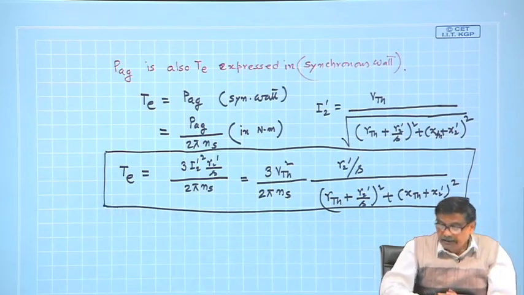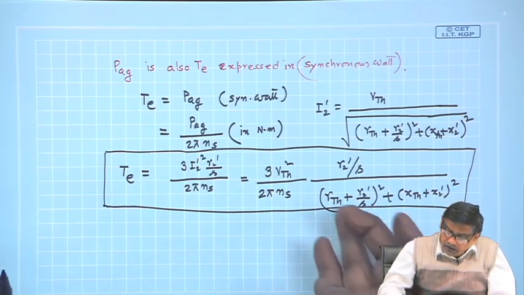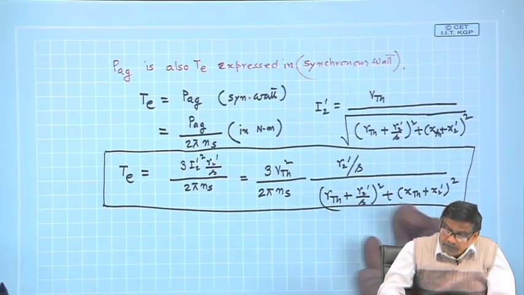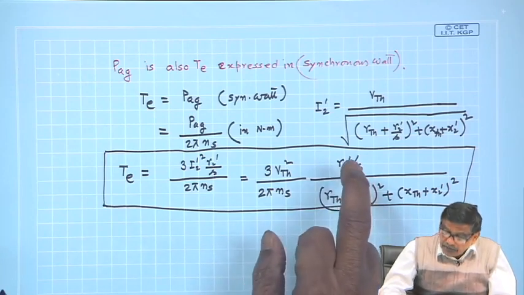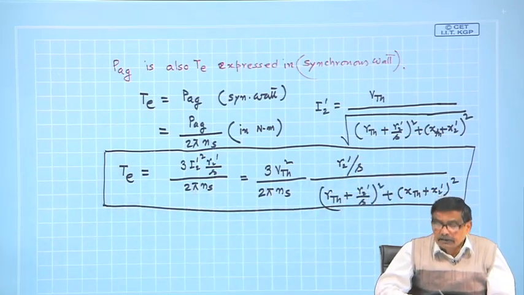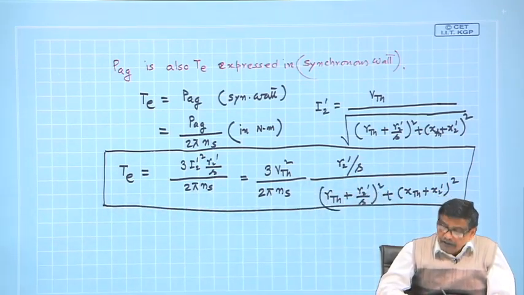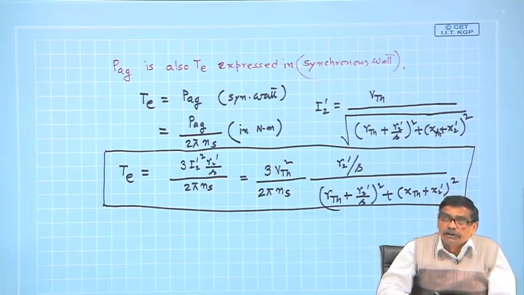So, if somebody says the machine is running steadily with a slip S equal to 0.05, and the parameter values are known, I will just put that value of slip and say, okay, if the machine has to run at this slip as a motor, then the electromagnetic torque will be so much Newton meter.